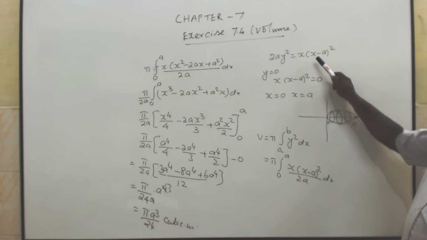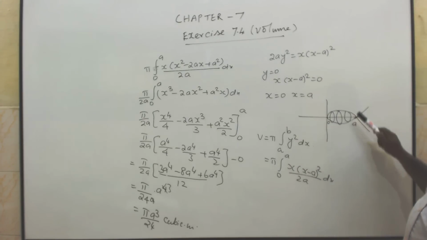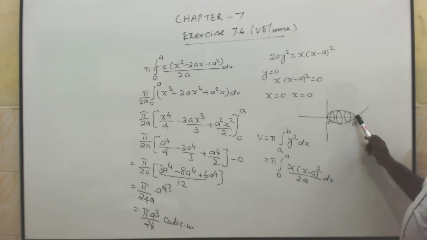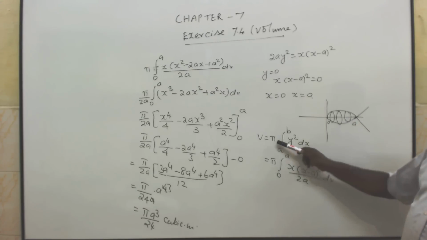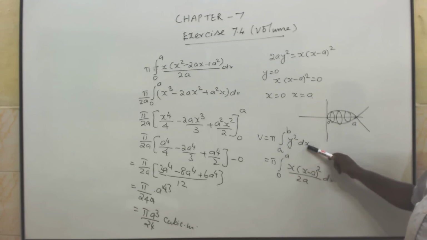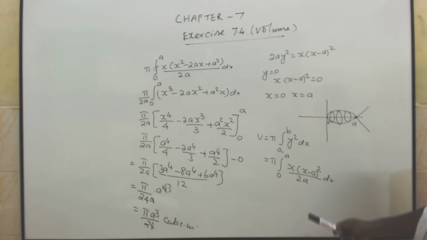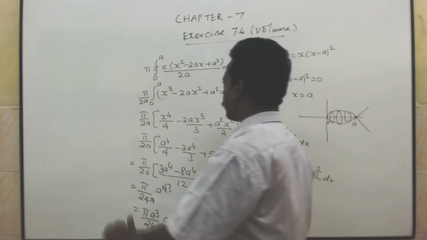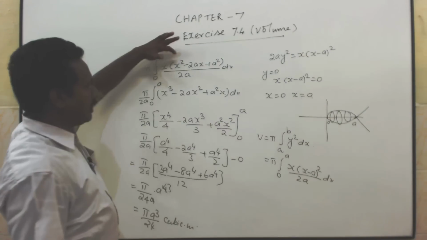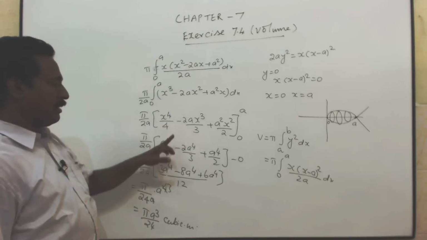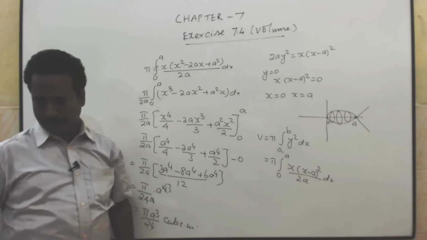When we put x equal to 2a, 2a minus a is positive, that's why the curve exists in this region. So volume revolves about the x axis, and the formula is pi integral a to b y square dx. Y square value is x into x minus a whole square by 2a into dx. Just multiply, integrate, and substitute the limits.